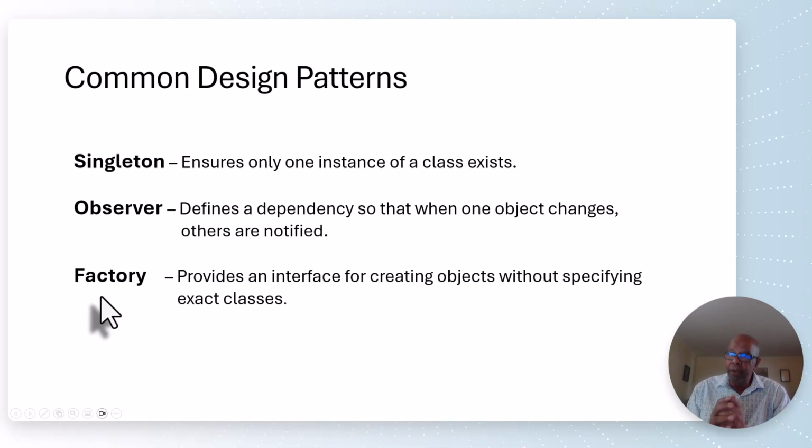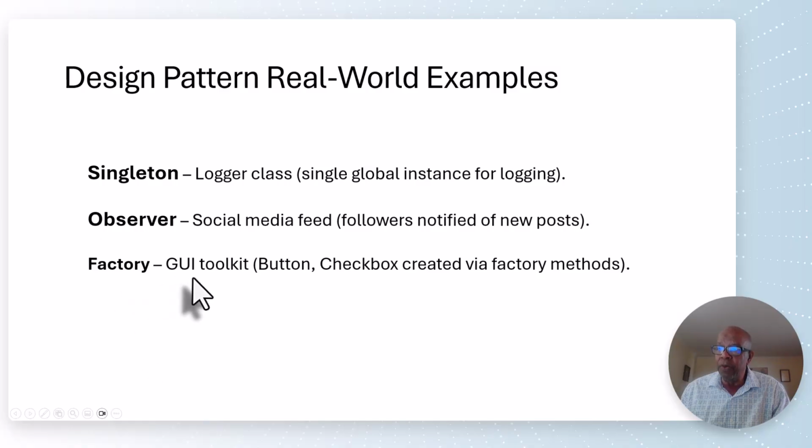Common design patterns. We have singleton, which ensures that one instance of a class exists. Observer, okay, defines a dependency so that when one object changes, it notifies other objects that the event has happened. Factory provides an interface for creating objects without specifying the given class they're a part of. An example of factory: say I had a GUI toolkit. It has buttons, it has checkboxes, it has drop downs, okay, all this good stuff in it.